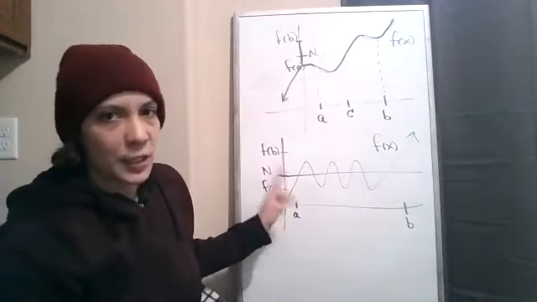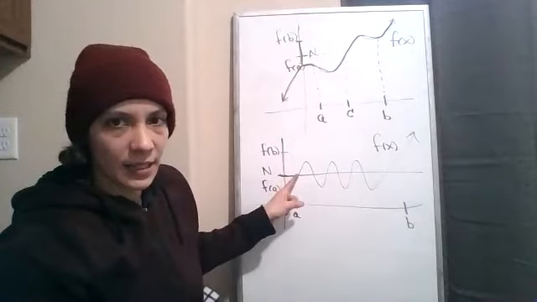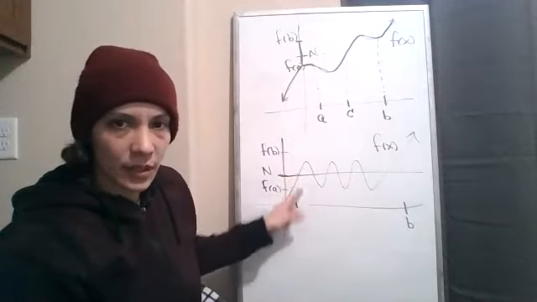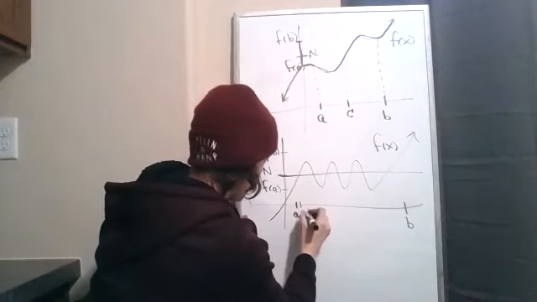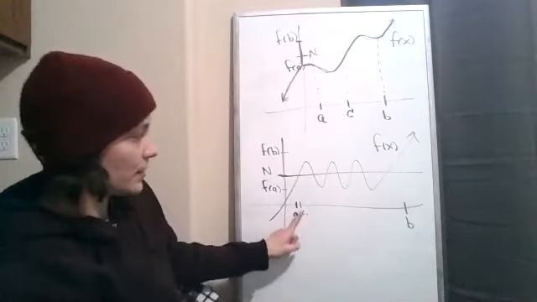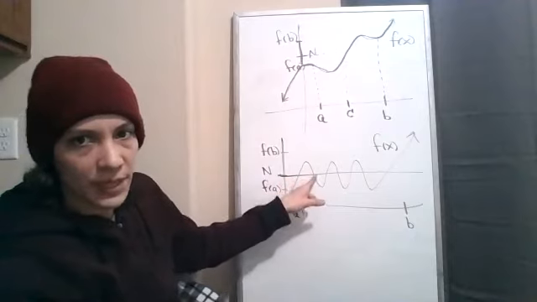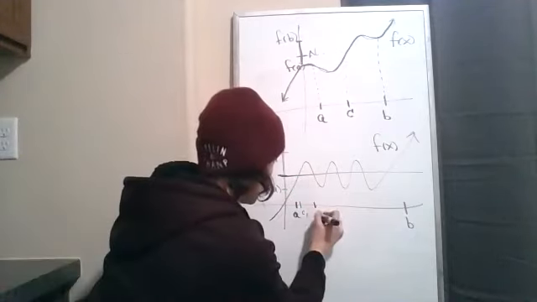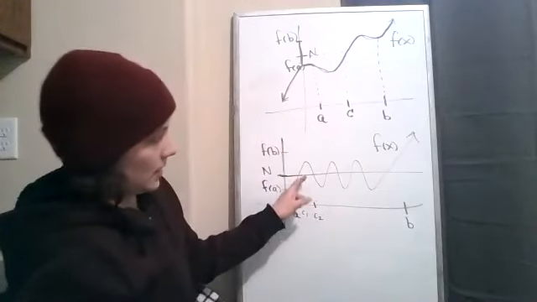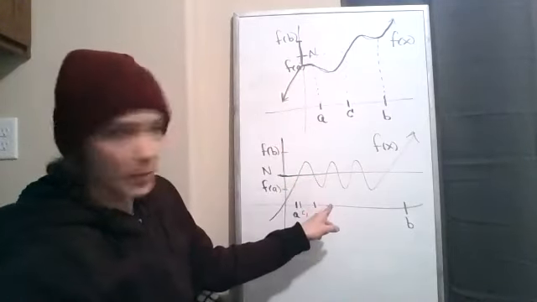The intermediate value theorem gives us a number c. We're going to call this c1, such that f of c1 equals n. Or you could pick this one, f of c2 would equal n. Here, that could be called c3.